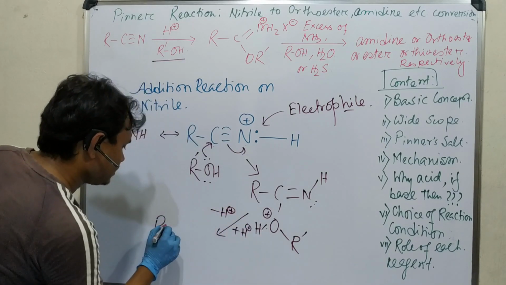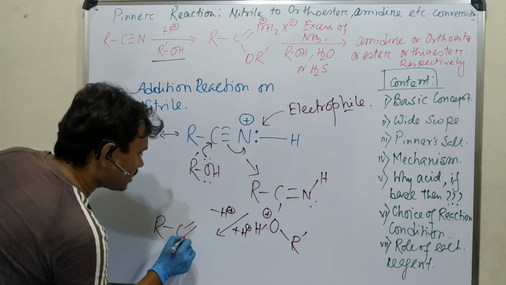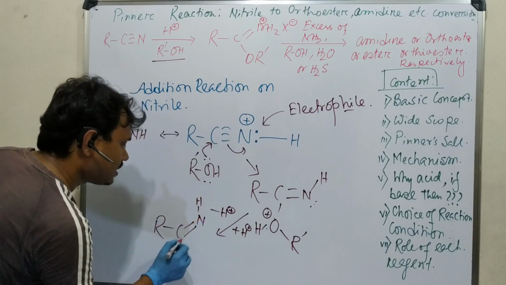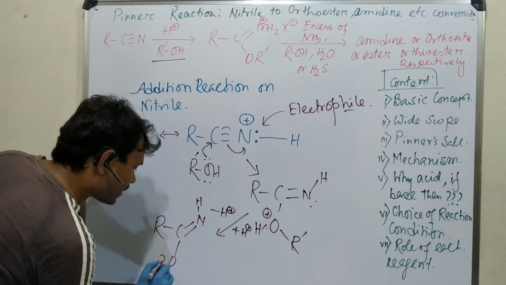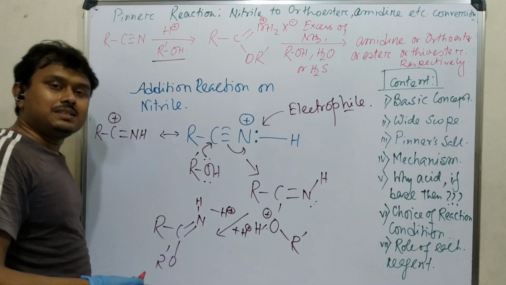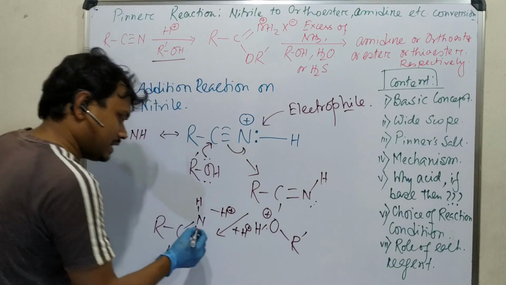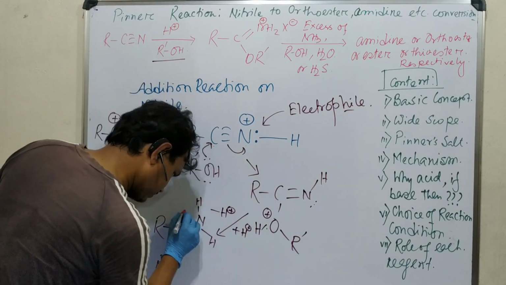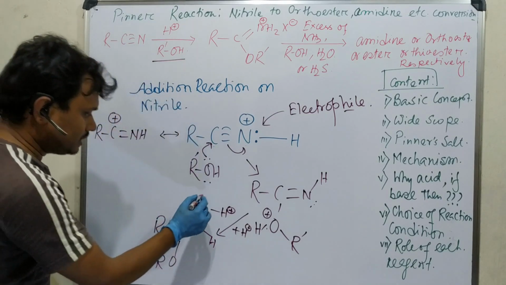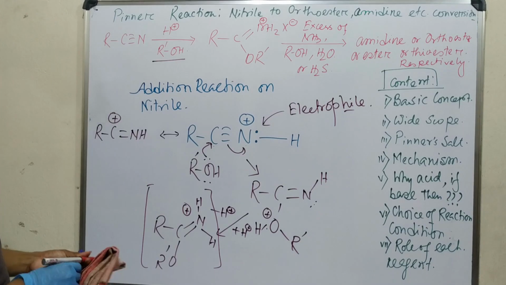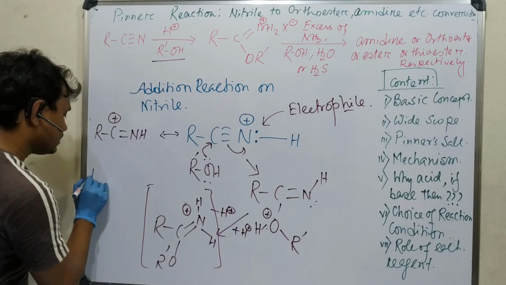Why am I telling this? So R-C(=NH)-OR prime. See, in acidic medium, nitrogen will not prefer to remain as free nitrogen because it will be protonated. So this moiety is named the Pinner salt.